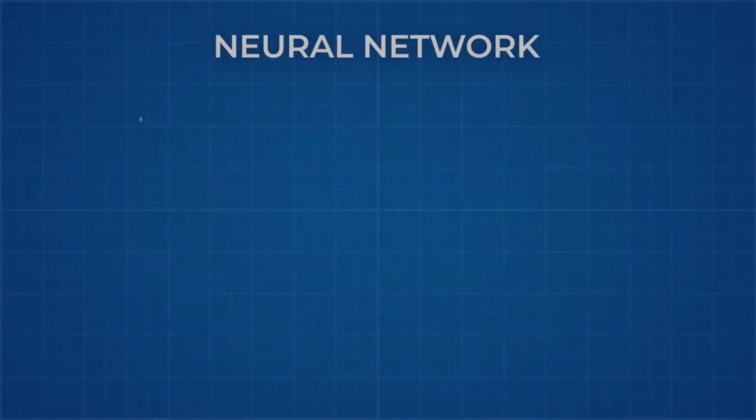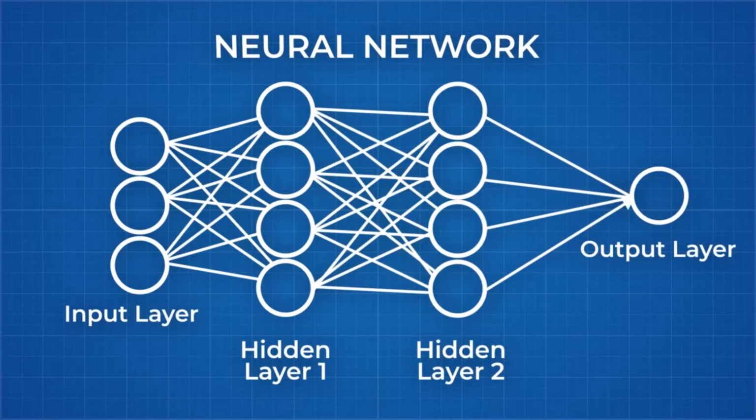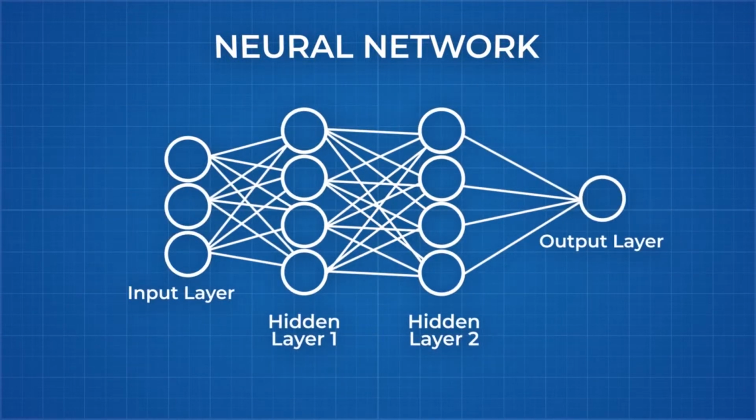A neural network is composed of an input layer, one or more hidden layers, and an output layer. During the training stage of the neural network machine learning, we first feed the network our input variables at the input layer.